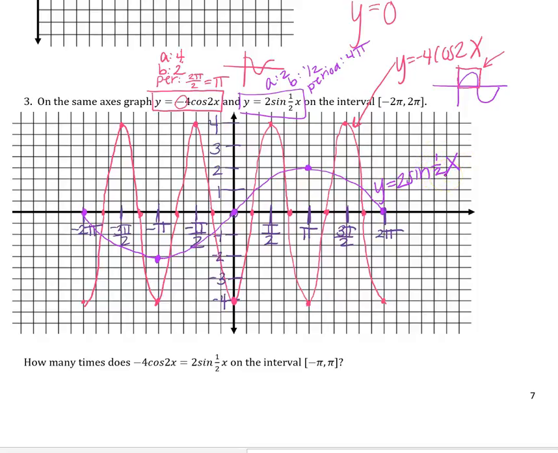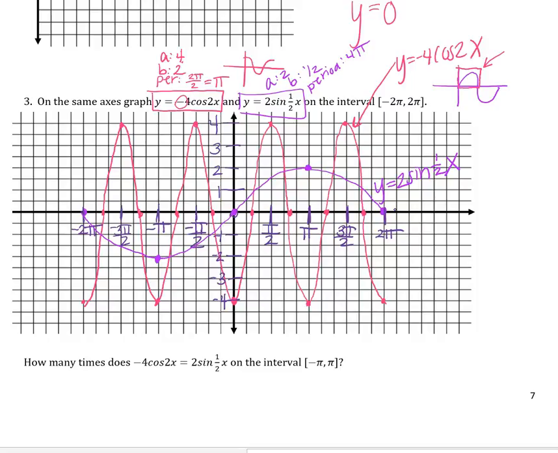As you can see, this is a sine curve with an amplitude of 2 because it's oscillating between 2 and negative 2. And I'm only seeing 1/2 of the graph on the right-hand side of the y-axis. Also, you're seeing one full sine curve over a total of 4 pi units because it's from negative 2 pi to 2 pi.